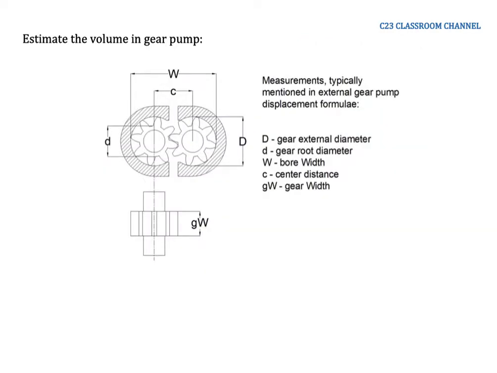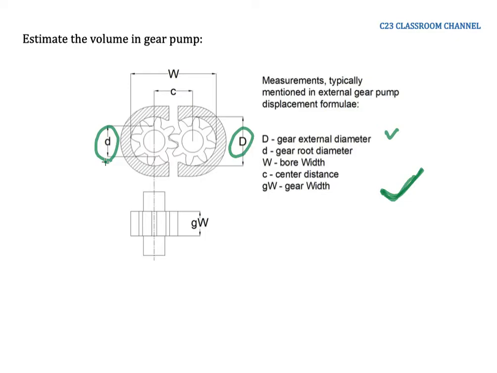Normally for a gear pump we use the same gear on the left and right side. We have these definitions: capital D here is the gear external diameter, like this one. Small d is the gear root diameter, as this one.